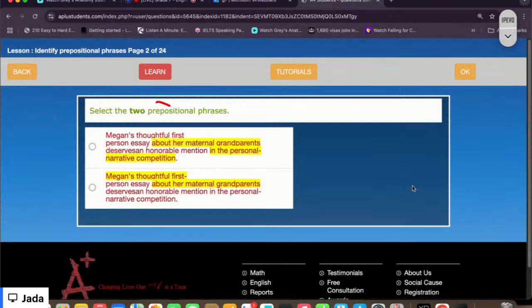So we have two introductory phrases here. So you have to select the two prepositional phrases.